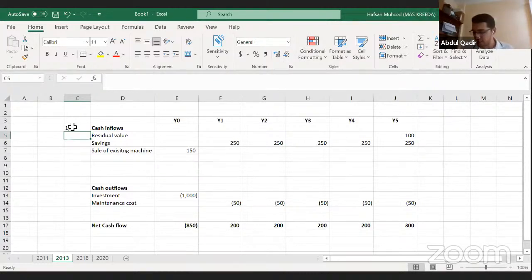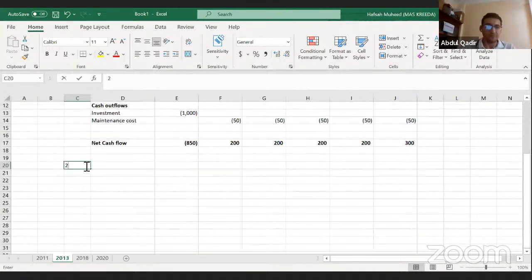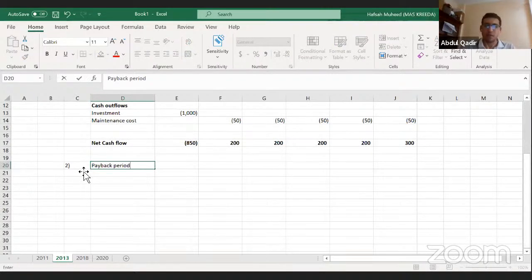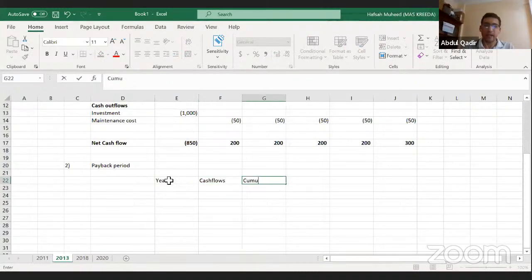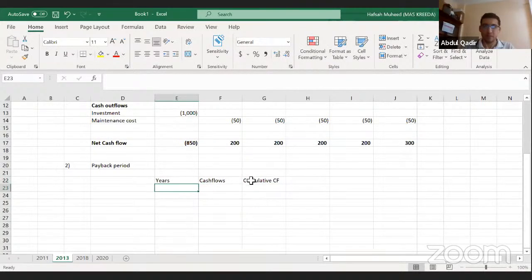So next one is payback period. So they want us to calculate the payback period. So let's see how to do that, right? So I'll say number 2, payback period. So how do you do that? You will list out the years, the cash flows, and you will list something called the cumulative cash flow, right?